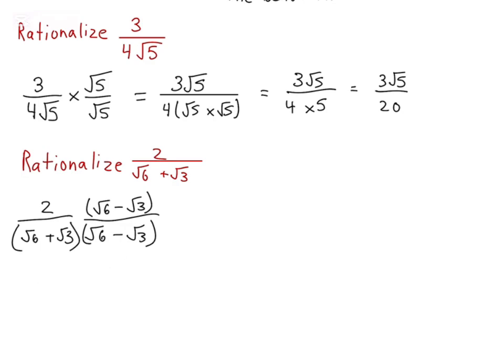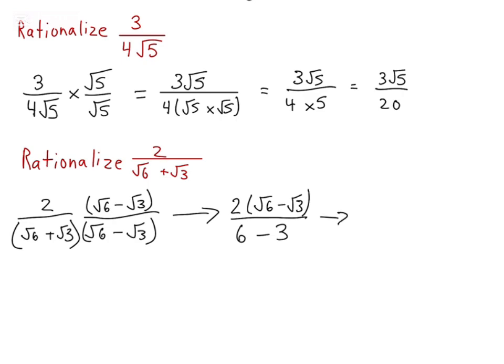Whenever you see a root and different signs, which is basically what you do with the conjugate, this will simplify in the bottom to 6 minus 3. When you see something with this pattern using the conjugate, and then the top, we can't really simplify that much anymore. So now we can solve it, over 3. And that's the answer.